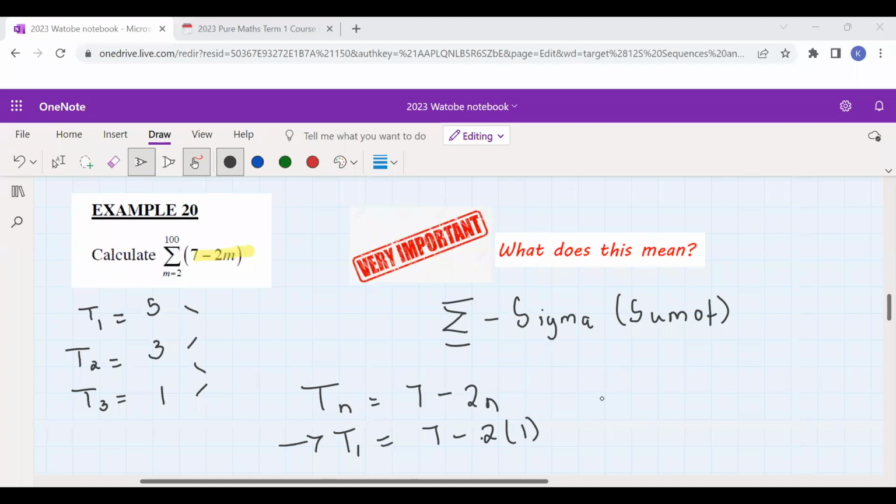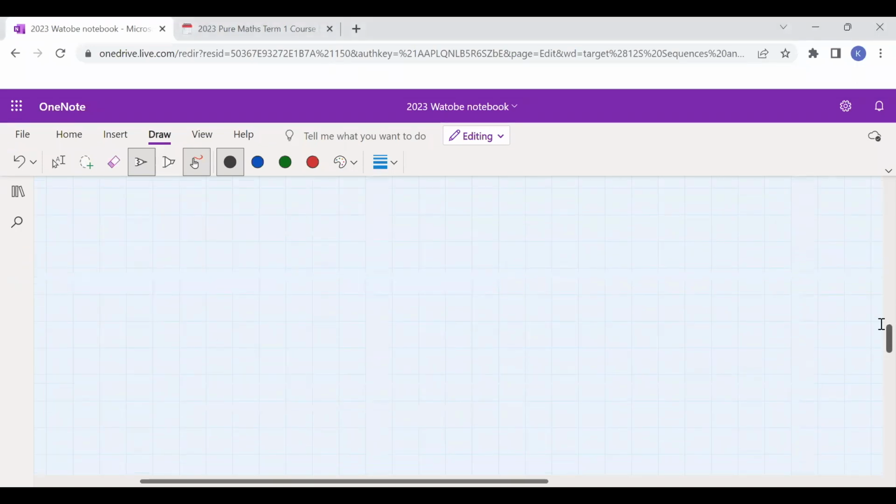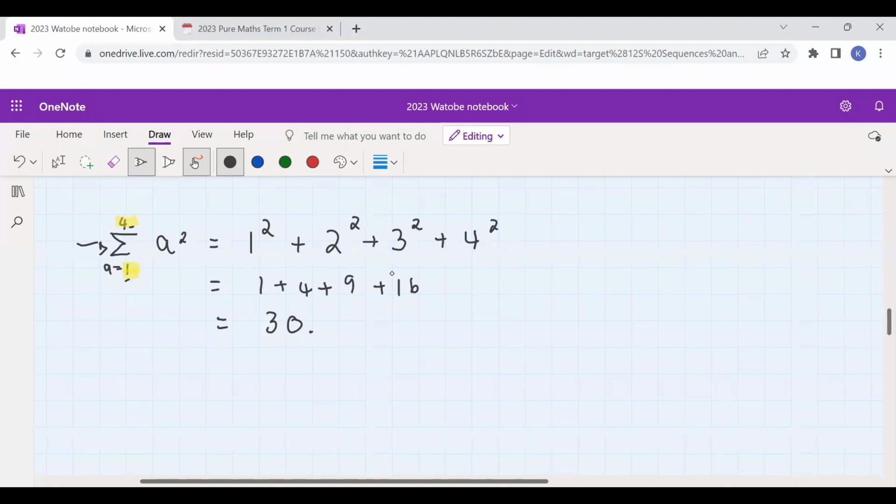Because even if I said to you, offense, I want the sum of term number 3 to term number 5, are you just going to ignore the fact that there was a term 1 and 2? No, ma'am. You can't, right? If I say to you, I only want the sum of term number 3 and 4, you cannot just forget that there was a 1 and 2.